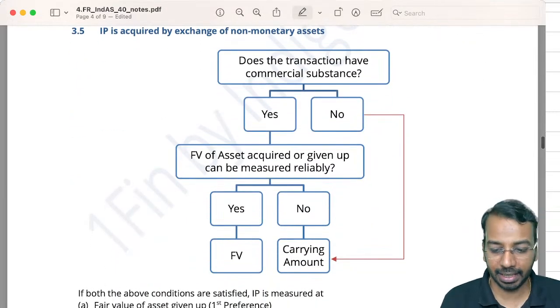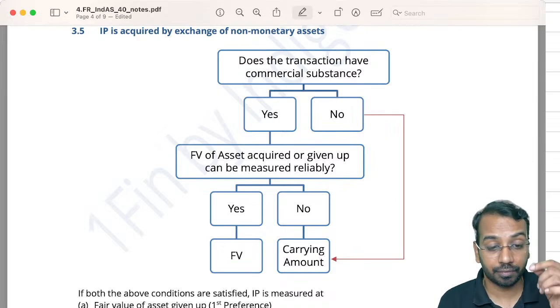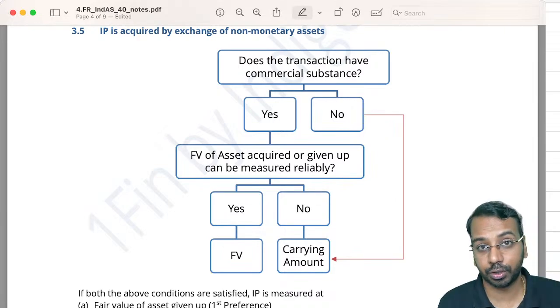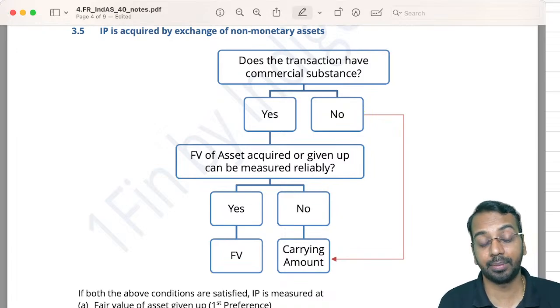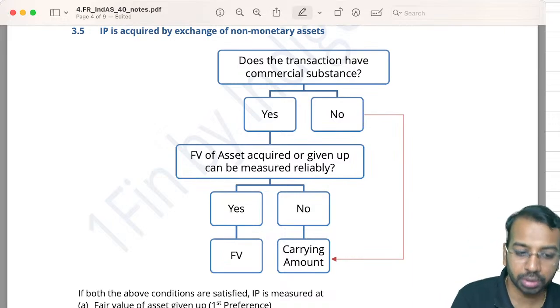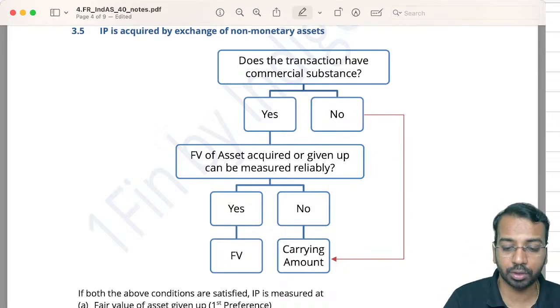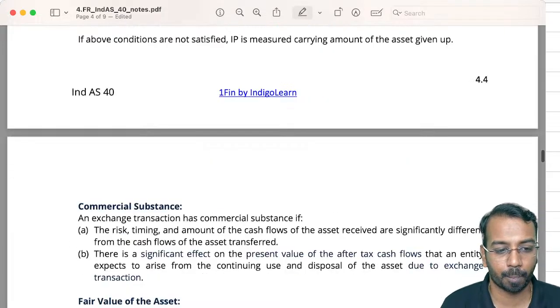Non-monetary exchanges, again I'm quickly revising whatever you have done in Ind AS 16. Does it have commercial substance? Yes. Then fair value of asset given up, first choice. Second choice, fair value of asset received. Third choice, if nothing can be done, carrying amount. Doesn't have commercial substance, carrying amount. Sir, if both of them are available, given up and received also, whichever is more evident, but generally given up is what would be preferred.